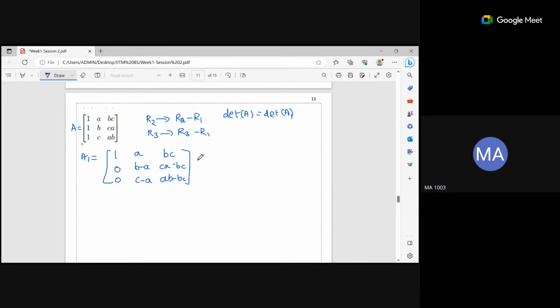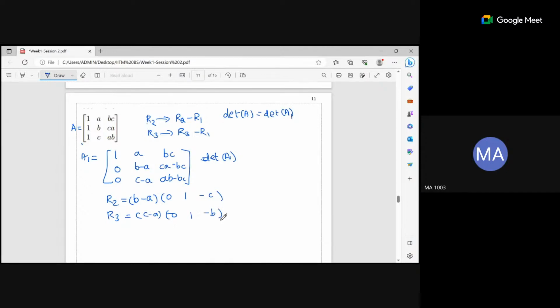So here I can now see the determinant of A1. You can note that in your R2, if I take B minus A commonly, then it is 0, 1, and here I can take minus C. And same with R3, if I take C minus A commonly, then I see 0, 1, and minus B is there.